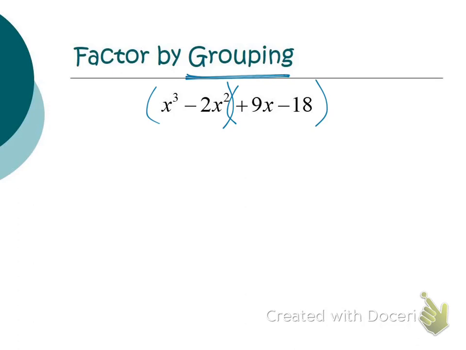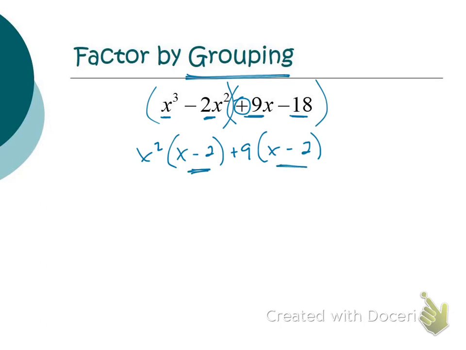Okay? And now I'm going to factor out a greatest common factor from just the parentheses. So now I'm going to focus on just these two guys. They do have a greatest common factor, which is x squared. So I'm going to factor out an x squared, and when I do, we get x minus 2. Here, I'm going to factor out a greatest common factor of positive 9. I'm taking that sign with the 9. When we do, we get x minus 2. And look, these parentheses are exactly the same.